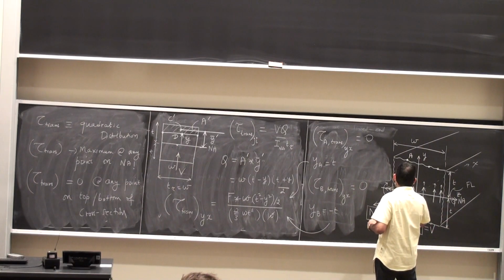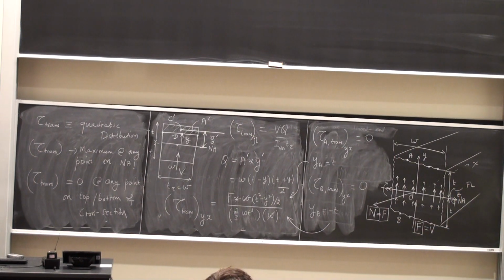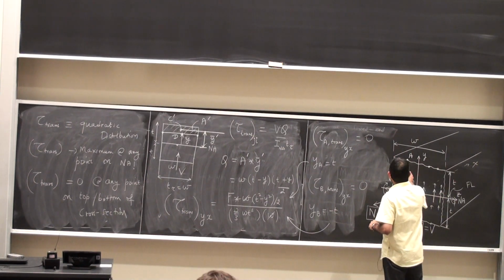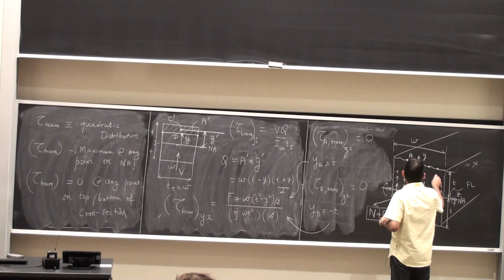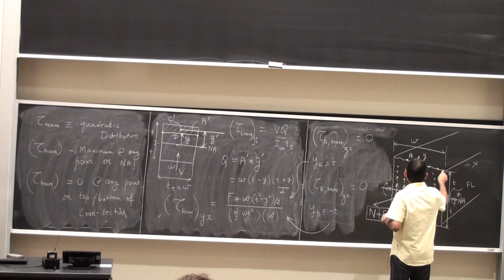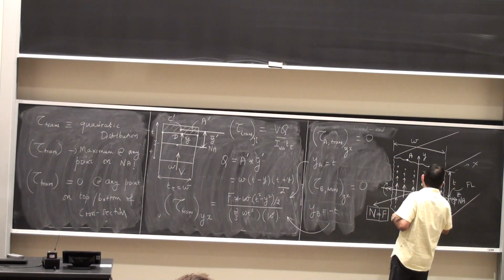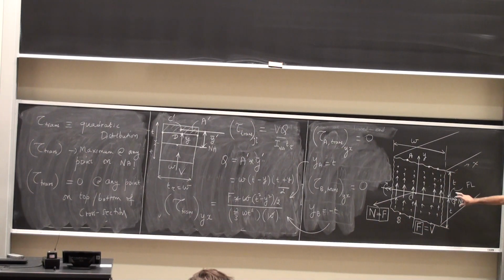Same story. As I keep going further up, it will get smaller and smaller. And you see that the length of this arrow signifies the magnitude of the shear stress. Largest at the neutral axis. As I keep going away from the neutral axis on both sides, the magnitude of the shear stress keeps reducing.